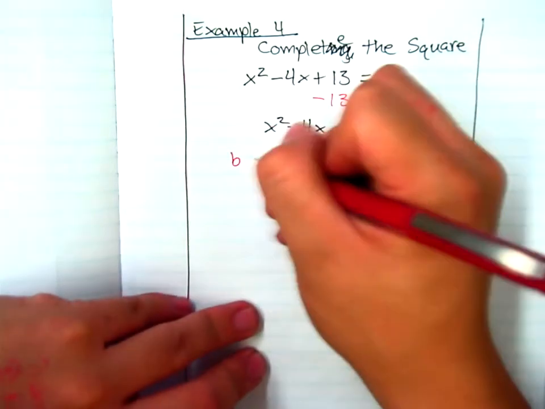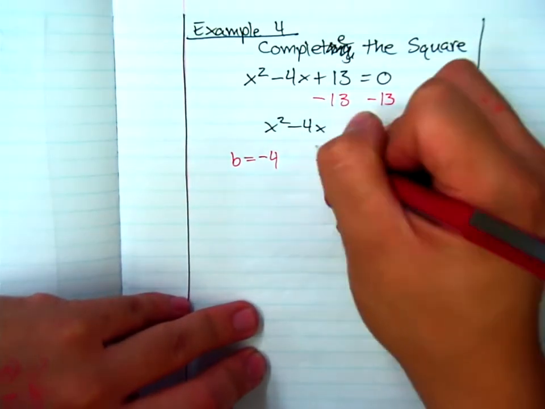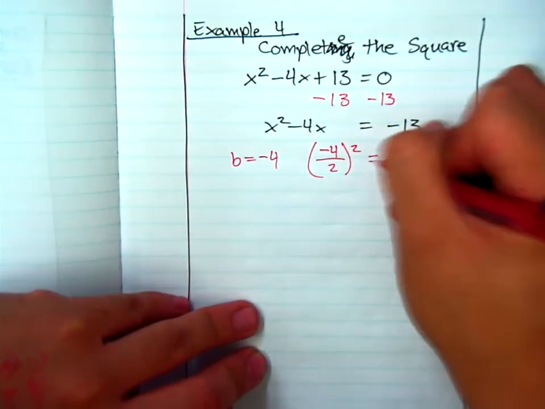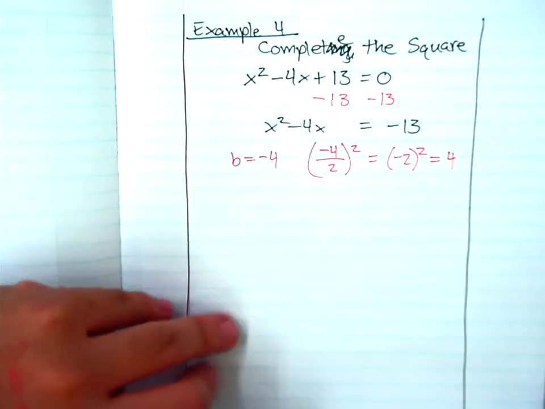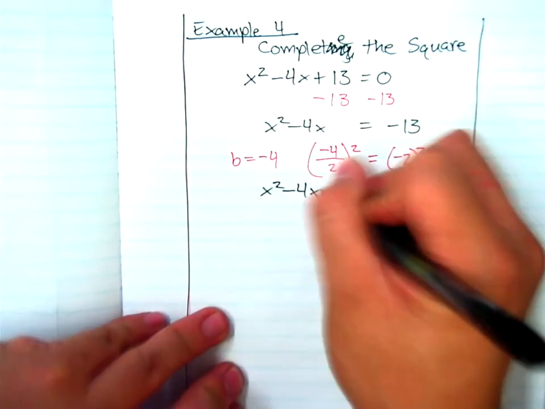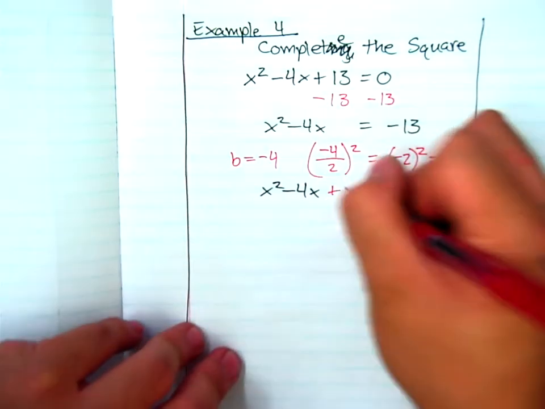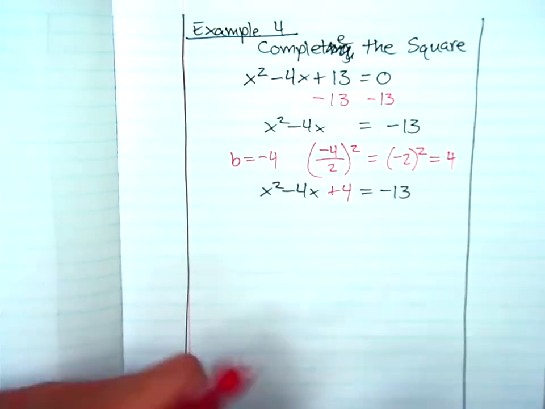My b in this case was negative 4, so b over 2 is going to be negative 4 over 2 squared. That's negative 2 squared, which is 4. So I'm going to be adding 4 to both sides. So x squared minus 4x plus 4 equals negative 13 plus 4 as well.